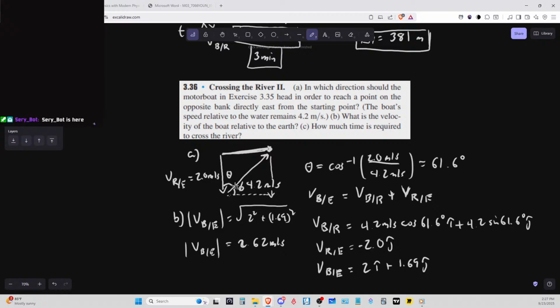Because this basically says that the boat is going slower here, but that is basically based on the perspective of the river.